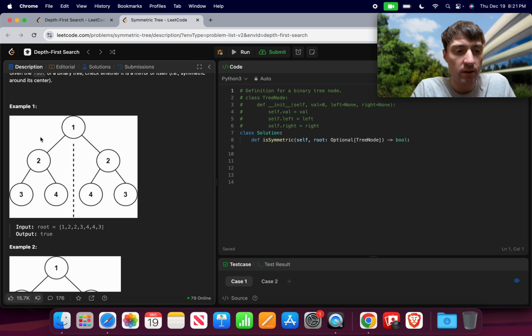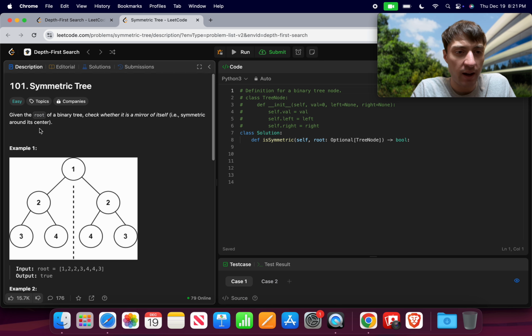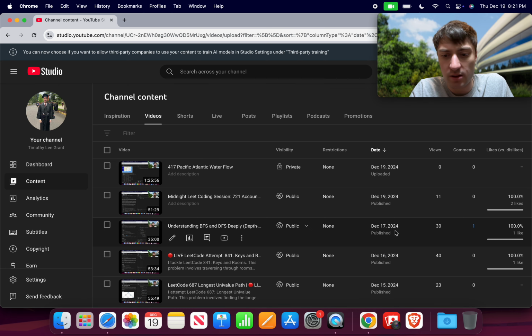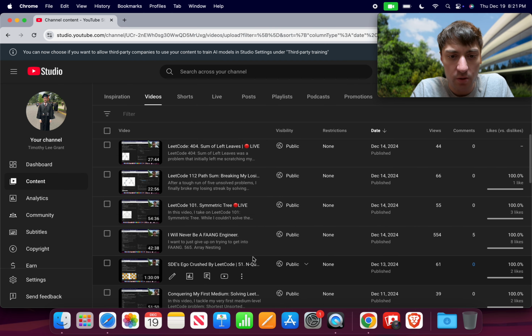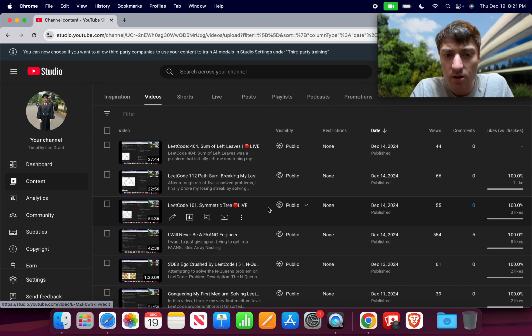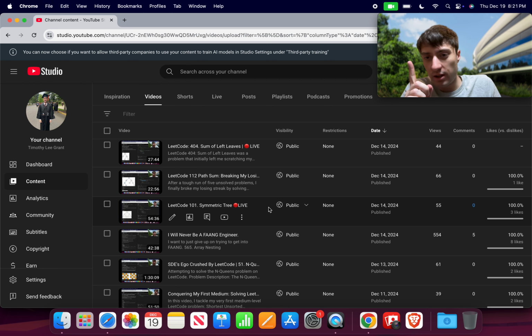The other thing I'm noticing, have I done this one? Symmetric tree, hold on a second. 101 symmetric tree. No wonder. Okay, I think I know what's up. I attempted this problem, but I couldn't do it.